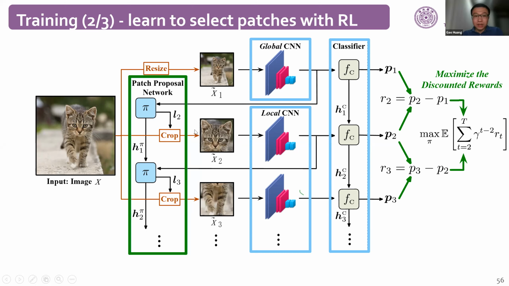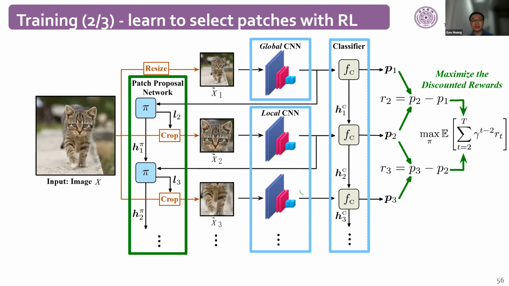Let's continue. We formulate the local patch selection as a reinforcement learning problem, and the action is the horizontal location and the vertical location in this image, and the reward, as mentioned, is how much error reduction we can get when we select a new patch for this system.